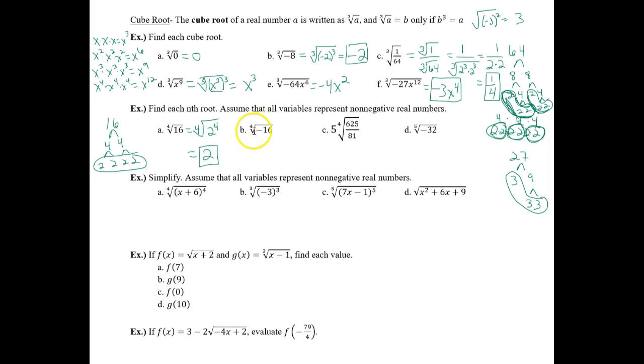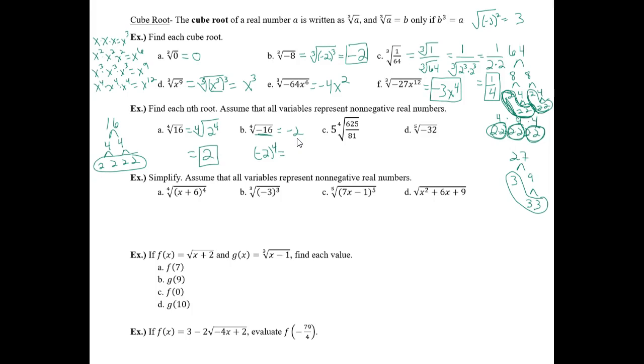Alright, Part B. This one says I want the fourth root of negative 16. So what times itself 4 times would give us negative 16? Well, a lot of times students say negative 2. But let's try it. Negative 2 to the 4th power, does that give me negative 16?